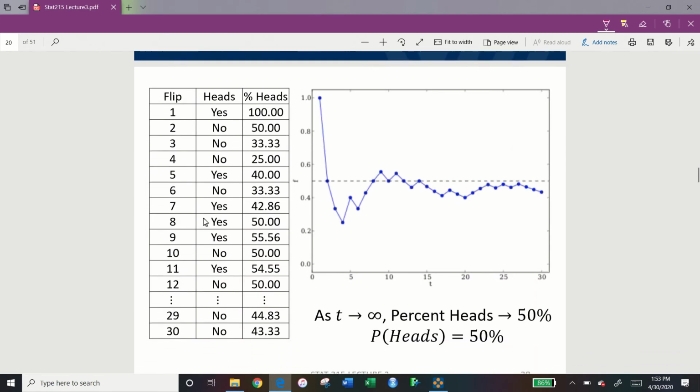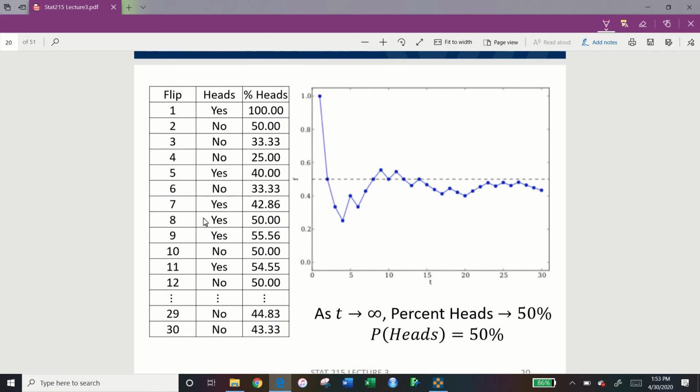So let's consider the concept of flipping coins. Theoretically, you know that if we're trying to gauge the percent of times a coin will land heads up, that should be 50%. However, if you throw one flip of a coin, you may get heads or you may get tails. The second flip, you may get heads and you may get tails.